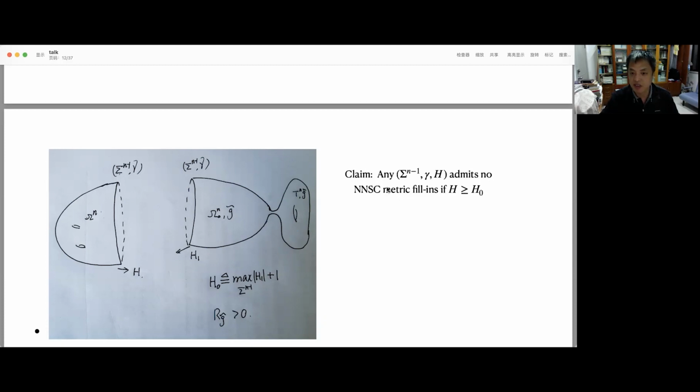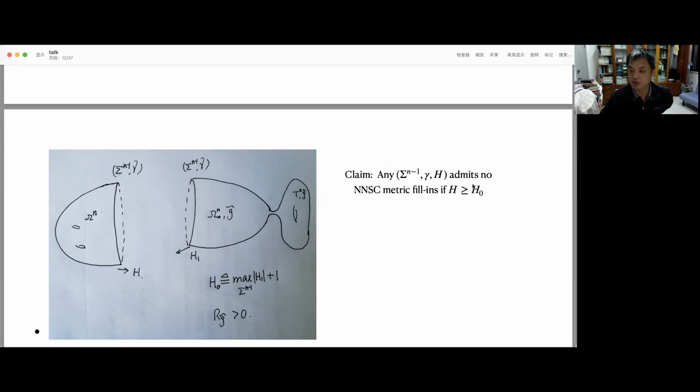Then we claim that any triple sigma, gamma, H admits no non-negative scalar curvature metric fill-in if H is at least H naught pointwise. Suppose this is not true, then we can find a fill-in omega n, G so that its boundary data is this one. And then we can glue this and that together along the boundaries. And we know that the mean curvature on the two sides satisfies this.